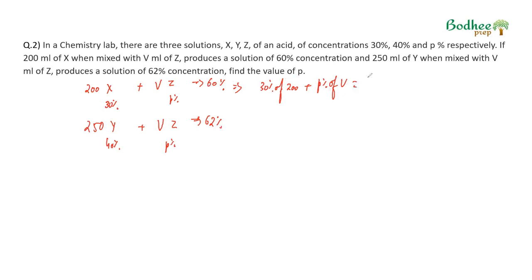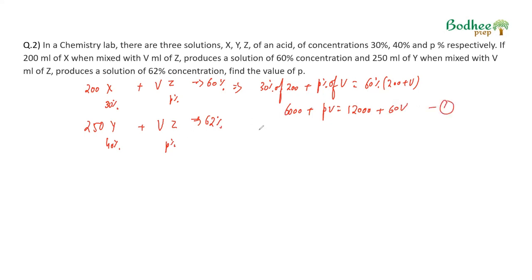This should be equal to the acid in the total solution. So 60% of 200 plus V. So this can be written as 30 into 200, 6,000 plus PV is equal to 12,000 plus 60V. This is equation 1.